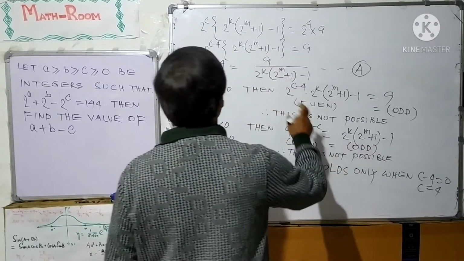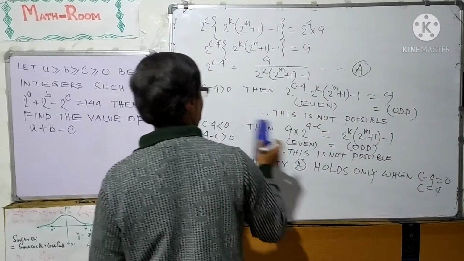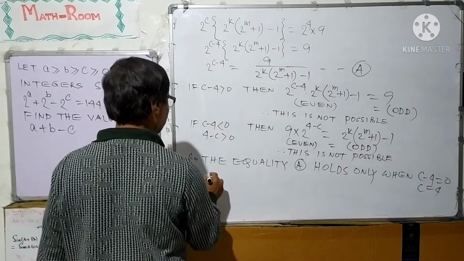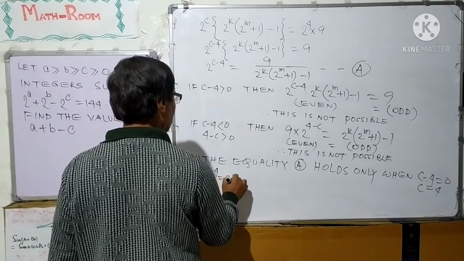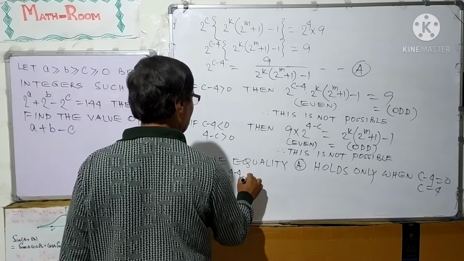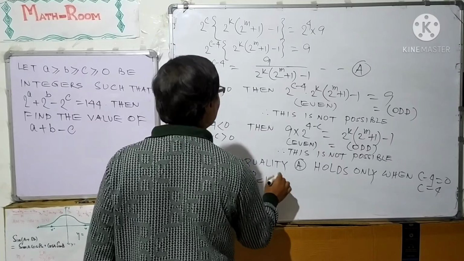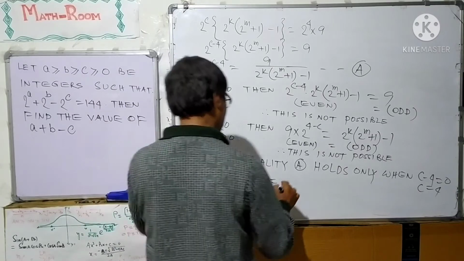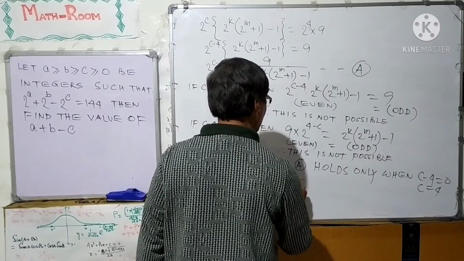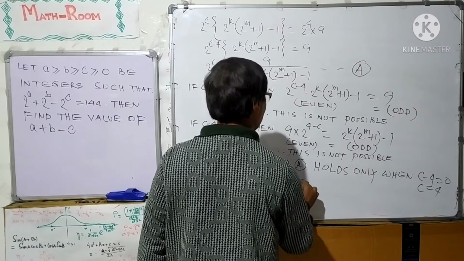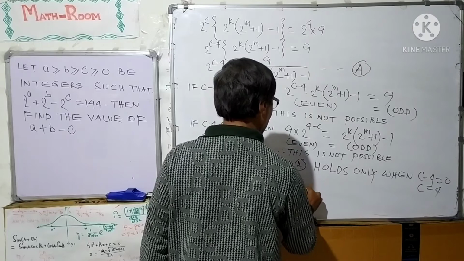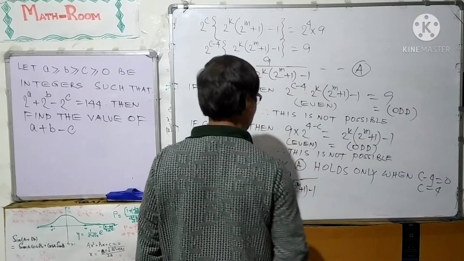Now, if c equal to 4, then we can also write 2 to the power c minus 4 equal to 2 to the power 4 minus 4 equal to 2 to the power 0 equal to 1 equal to 9 over 2 to the power k into 2 to the power m plus 1 minus 1.